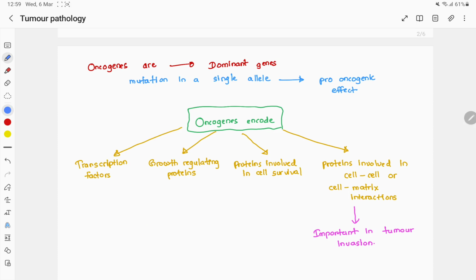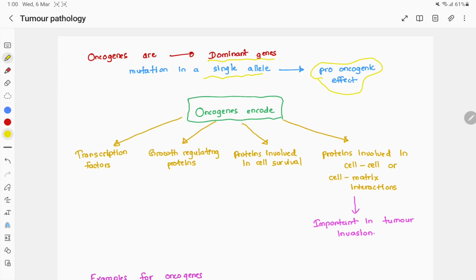Also, oncogenes are considered dominant genes, because a mutation even in a single allele can cause an oncogenic effect. Those oncogenes, the examples being RAS, MYC and HER2 genes, encode transcription factors and growth regulating proteins, proteins involved in cell survival, as well as proteins involved in cell-cell or cell-to-matrix interactions.